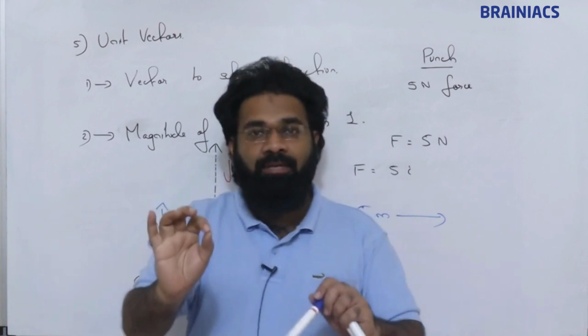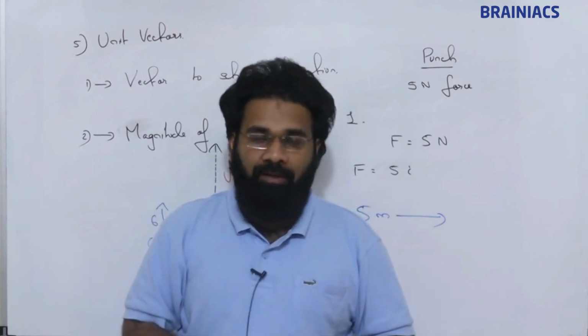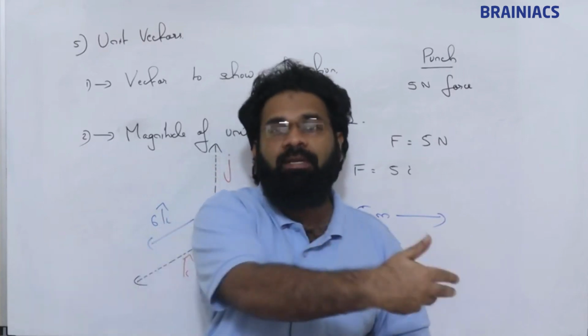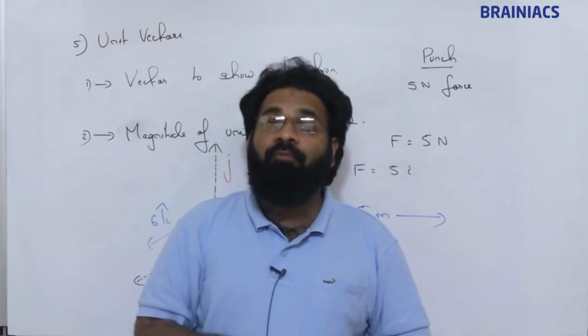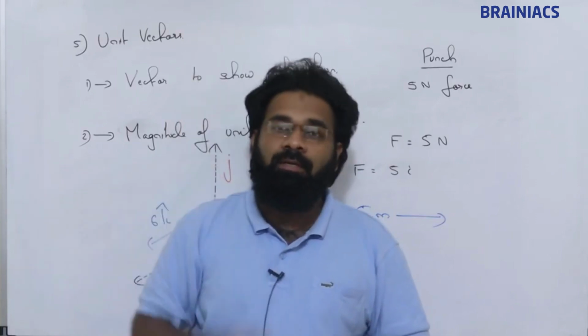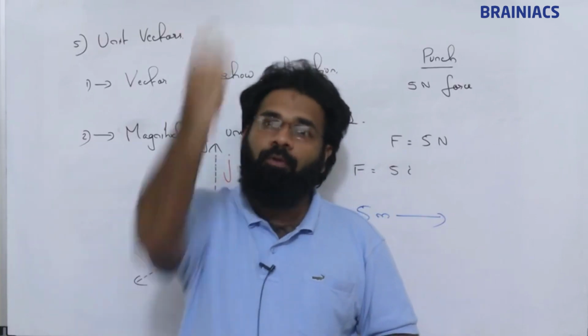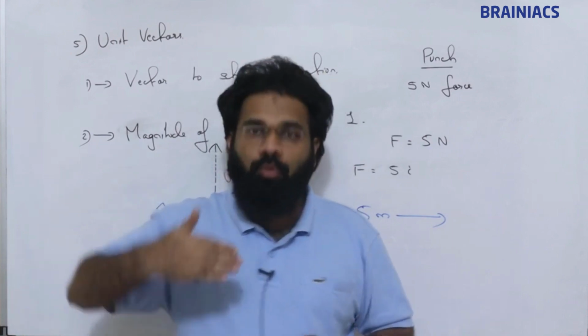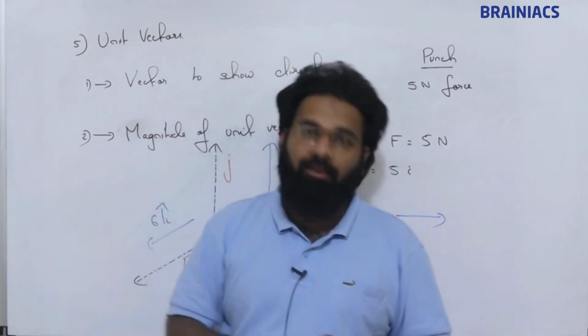X direction. Aptly say displacement, because displacement is vector. So 5i is nothing but 5 meters in x direction. 5j, 5 meters in y direction or upwards. Then 6k someone is saying means towards you or away from you, likewise.